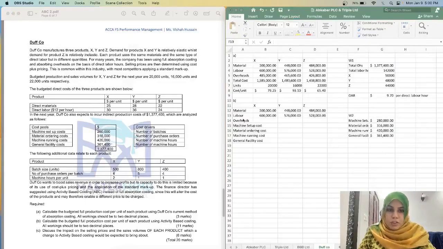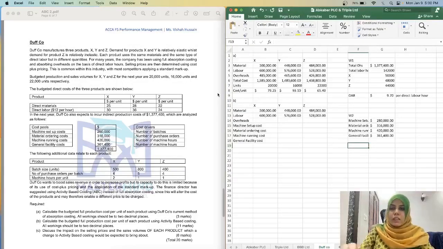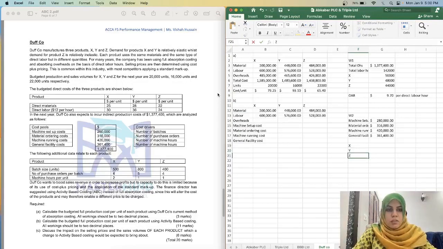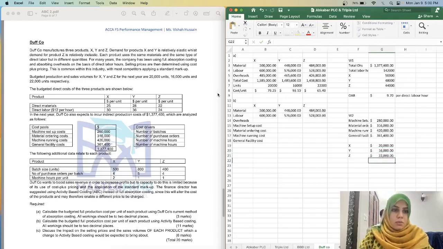Now for number of batches, you do realize that for X, for Y, and for Z, you have been given the number of units. Yes. So this shouldn't be in dollars. It's automatically updating in dollars. So let's change that.